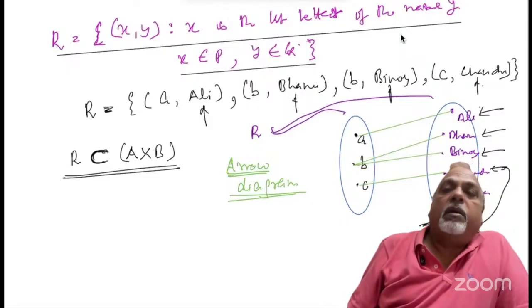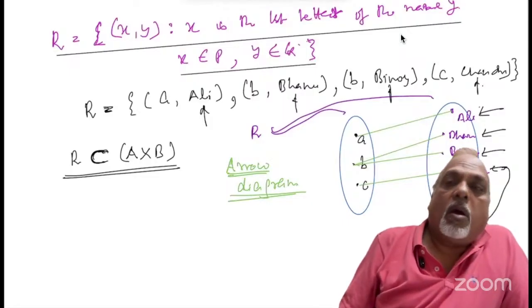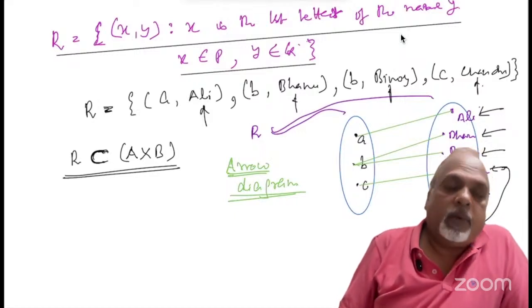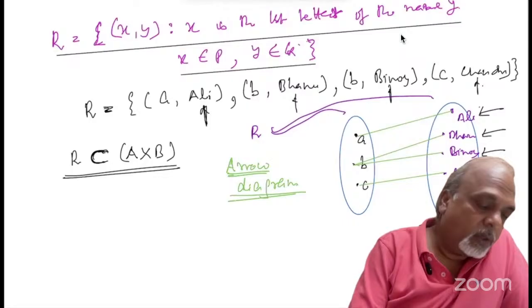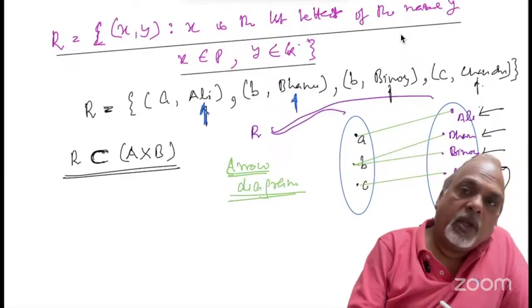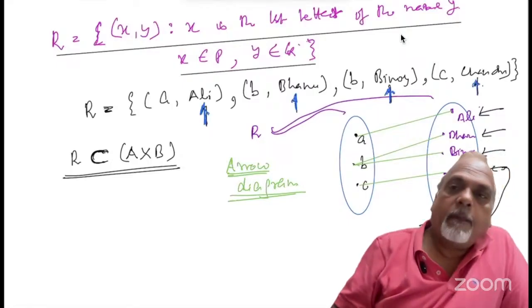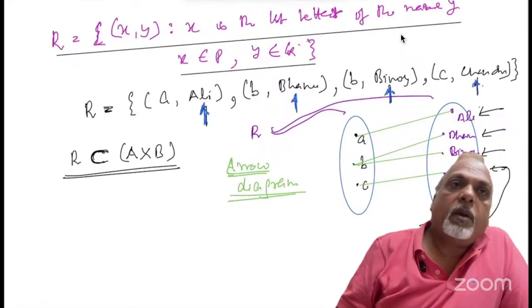The second element of the ordered pair is called the image of the first element. So these are the images. Ali is the image of A. Binoy is the image of B. Correct.